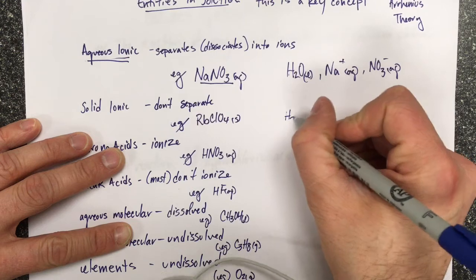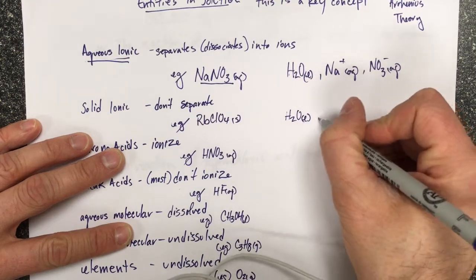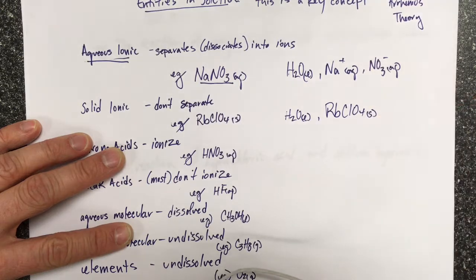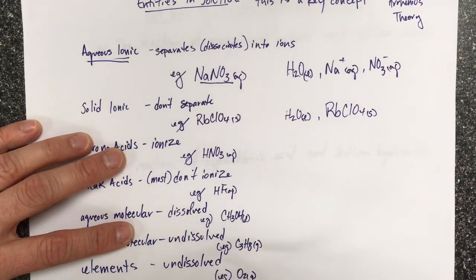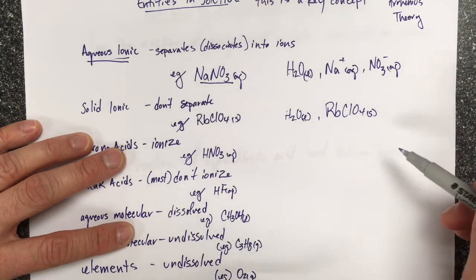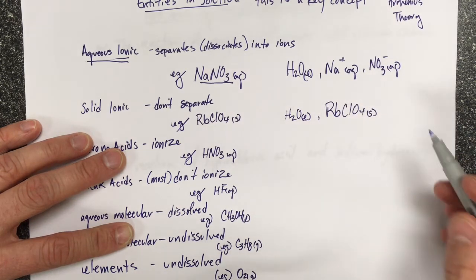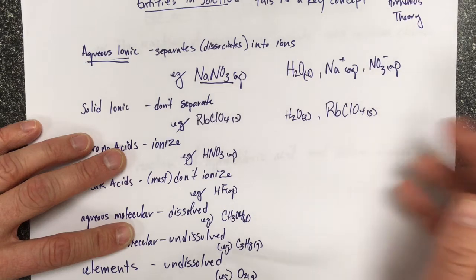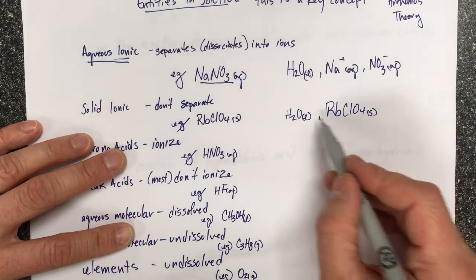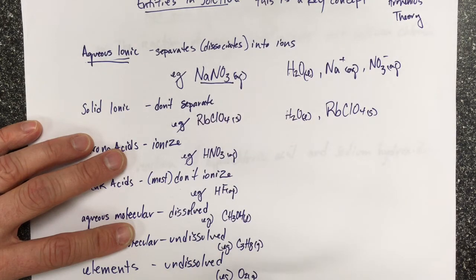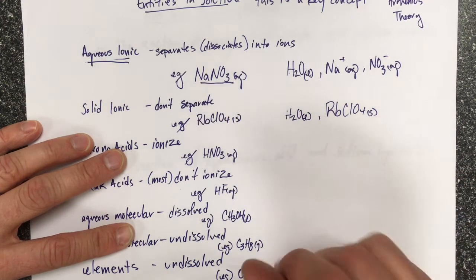So you still have water present as an entity, and you have rubidium chlorate solid, and it'll be sitting at the bottom of the beaker if you were to dissolve this in a beaker, but most of the entities are not breaking into the ions, so maybe a few of them are there, so maybe it'll conduct electricity, but it's not going to conduct it well because there aren't many ions. It's a non-electrolytic for the most part.